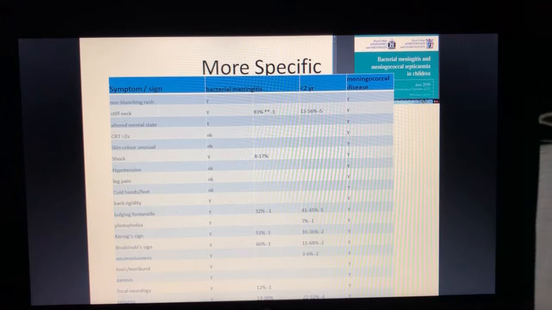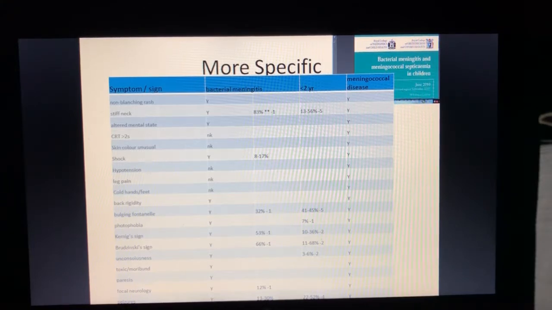So really the problem is that symptoms and signs are difficult to rely on when differentiating meningitis from other acute illnesses, and the younger the child, the less specific they're likely to be. So we can then expect to be screening children for this, and this is going to end up including having to do a lumbar puncture.